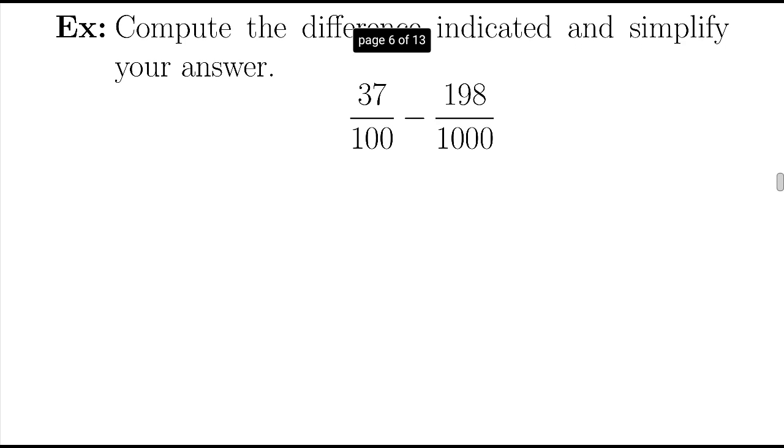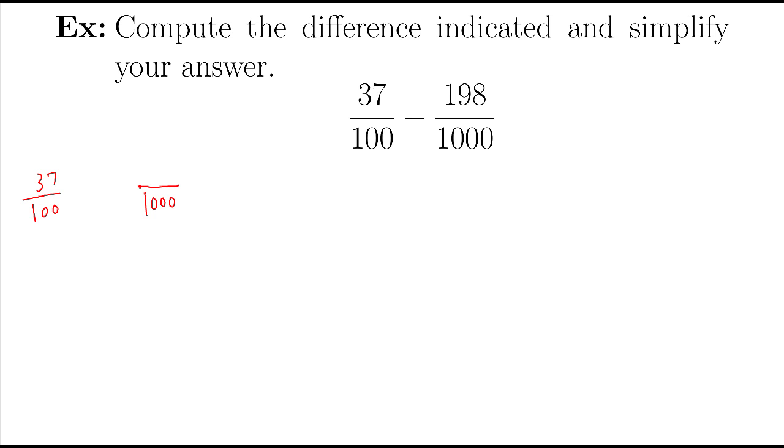They're back to being mean again. So 37 over 100 minus 198 over 1,000. This one's actually not too bad because I just need to add a 0 here, and just add a 0 right there. So what am I really doing? 37 over 100. I want it to be 1,000 on the bottom.